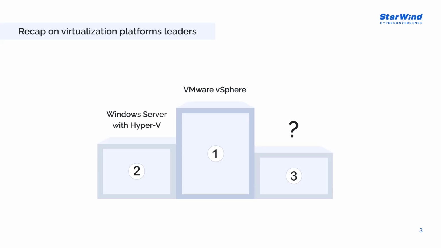Windows Server and Hyper-V and VMware vSphere, and VMware vSphere is a larger player on the market as compared to Hyper-V, because I think 70 to 80% of the virtualization market has been held by VMware. And well, there is still Hyper-V and other hypervisors like KVM, other varieties of KVM, different flavors and so on and so forth, and some open source hypervisors.